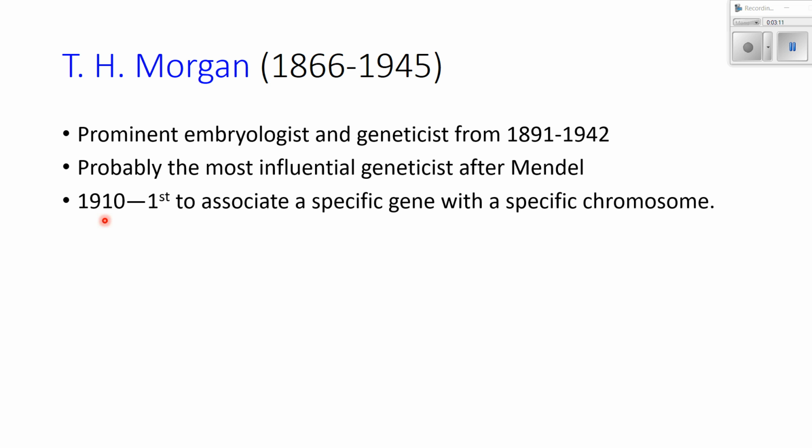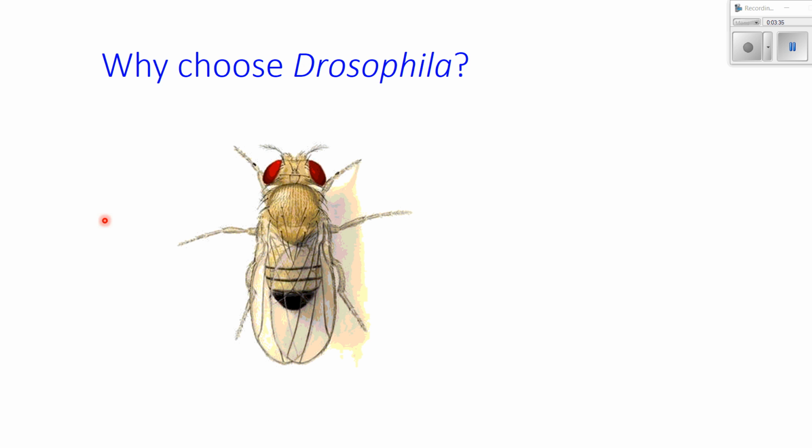In fact, that became known as the chromosome theory of inheritance, and T.H. Morgan was one of the early proponents of that. But he took it a step further. He was able to figure out exactly which chromosome carried a particular gene in fruit flies, and we'll talk a little bit about that famous experiment that took place in 1910.